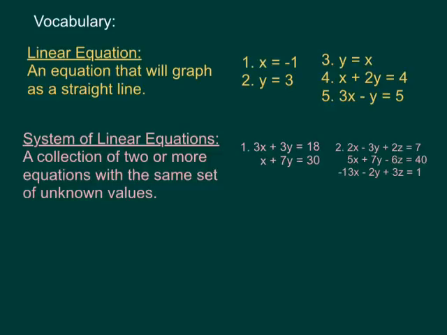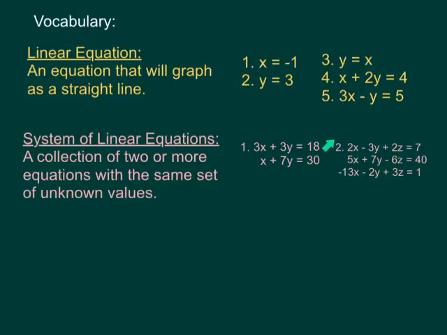Our second word would be system of linear equations, which is a collection of two or more equations with the same unknown values. So you can see in our first example that I have a set of two equations, a collection of two, and you can see that they have the same set of unknown values. They both have x's and y's that I don't know what their values are at this point.